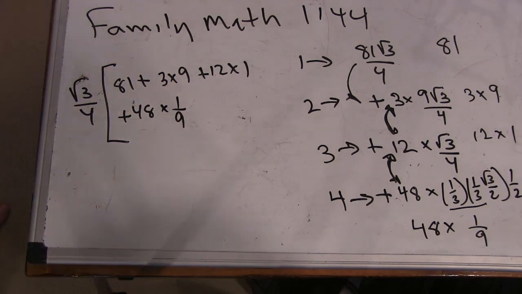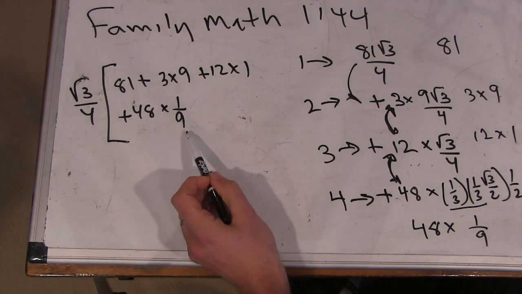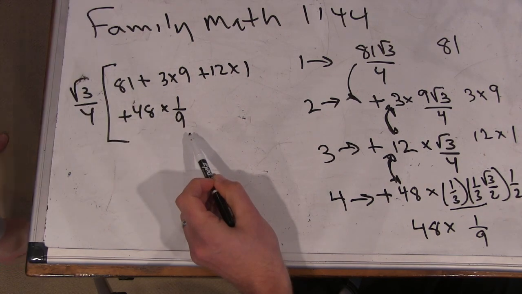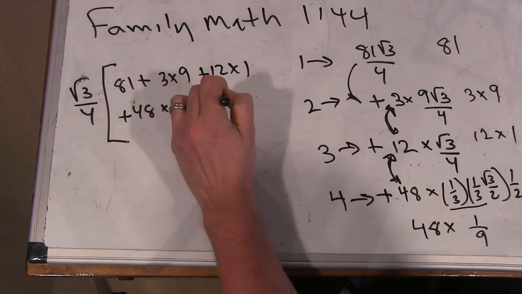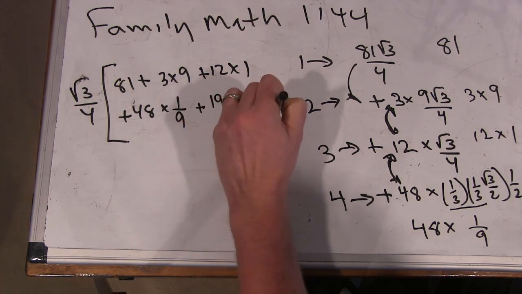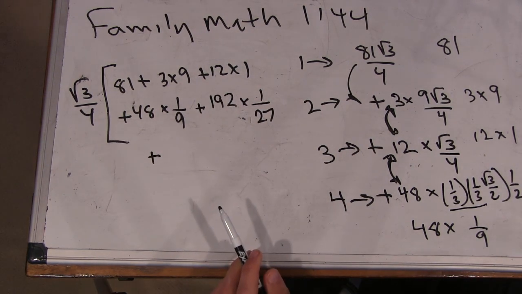So probably 192 times 1/27th, because we're multiplying 48 by 4 and 1/9 by a 9th, or 1 over 81. So we're multiplying a 9th by a 9th. Then what might the next one be? 192 times 4.